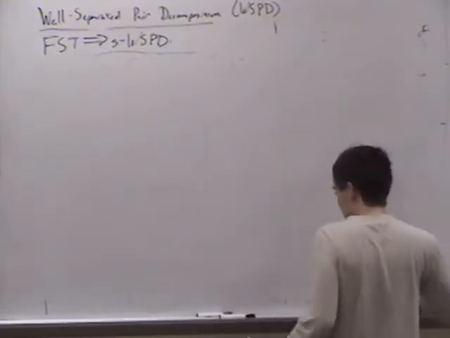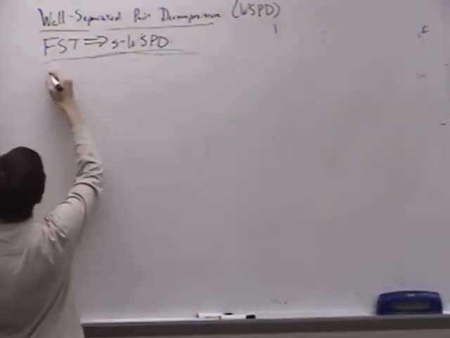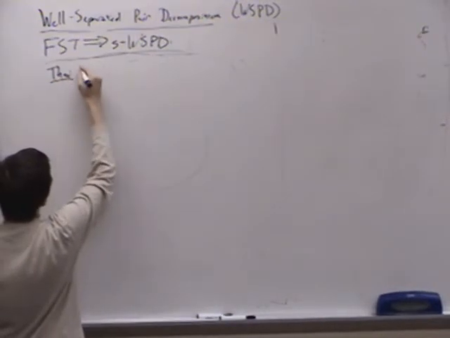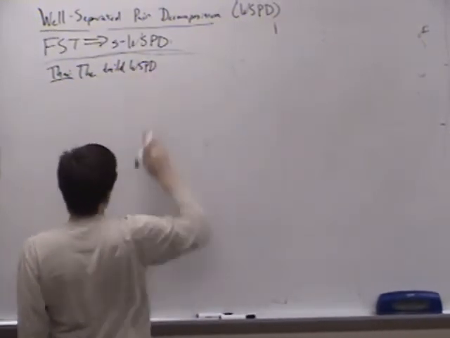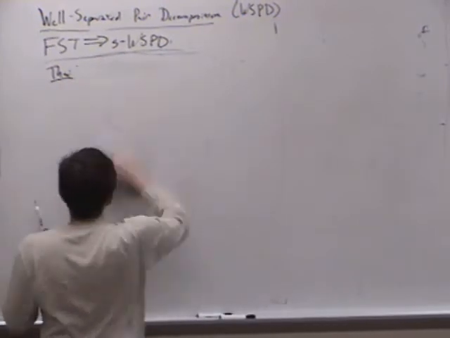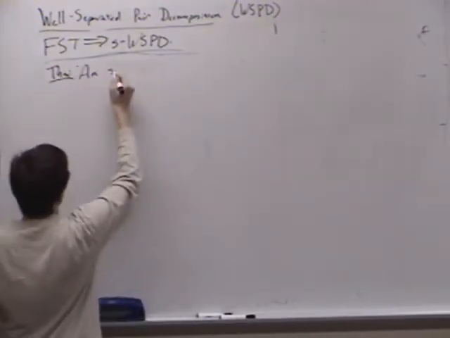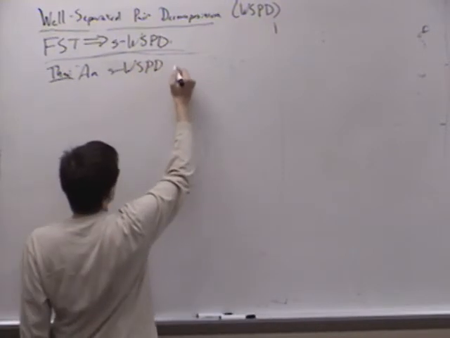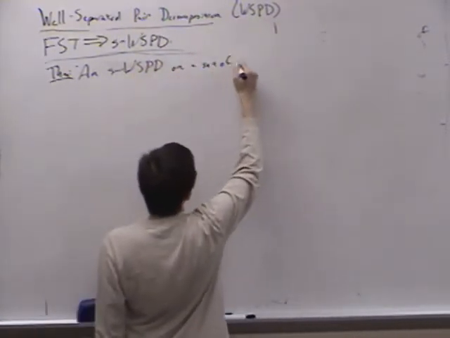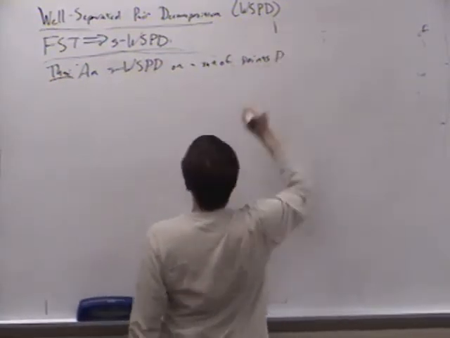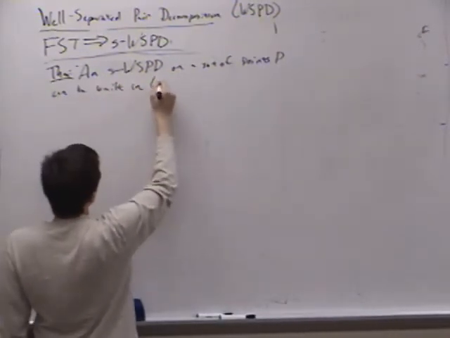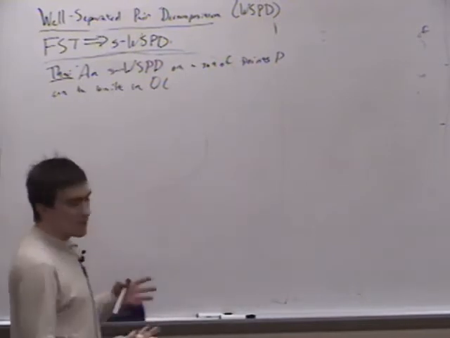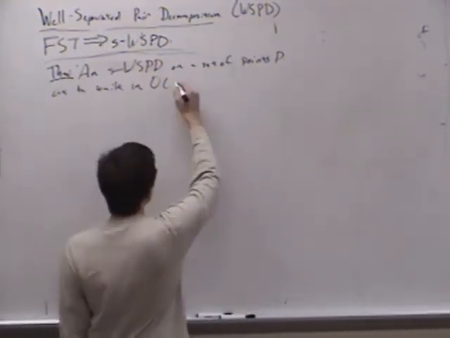So I'll just summarize this. Here's the result. An s-WSPD on a set of points P can be built in order the construction time for that fair split tree, which you can do in order n log n.